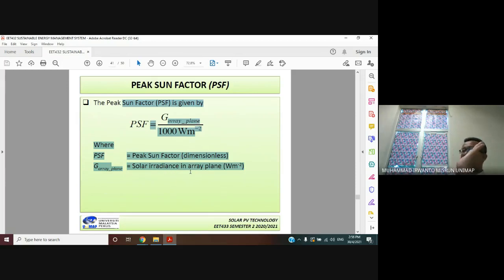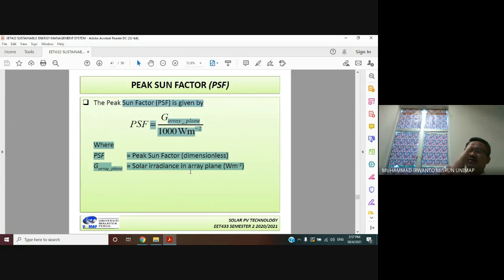If it is a photovoltaic and we have a solar power meter, we measure how many watt per meter squared, for example, 700 watt per meter squared. So the peak sun factor is equal to 700 watt per meter squared over 1000 watt per meter squared, which is around 0.7.